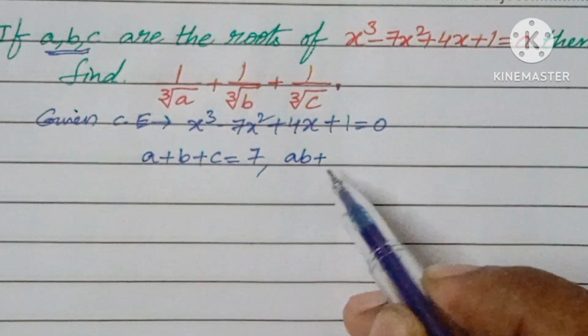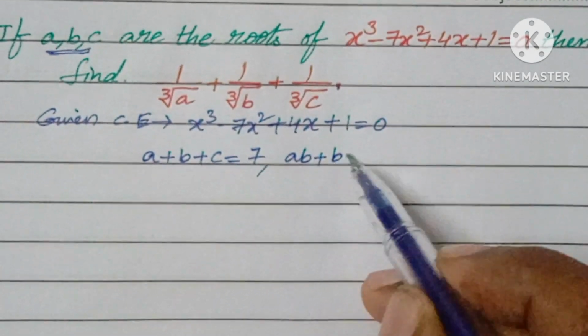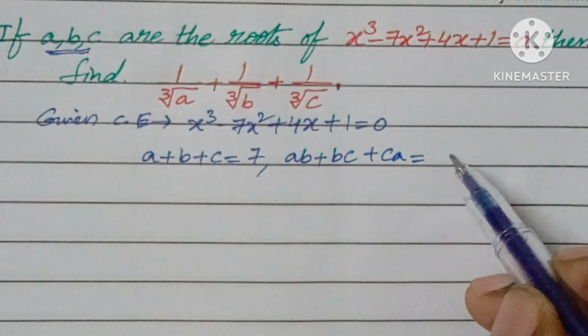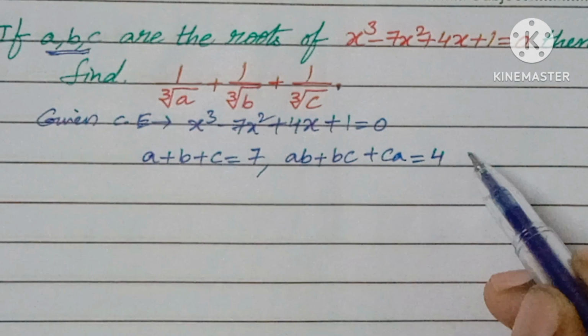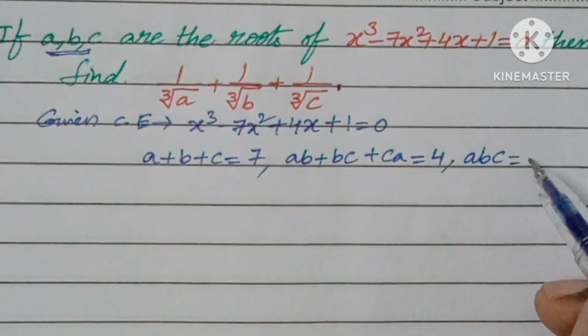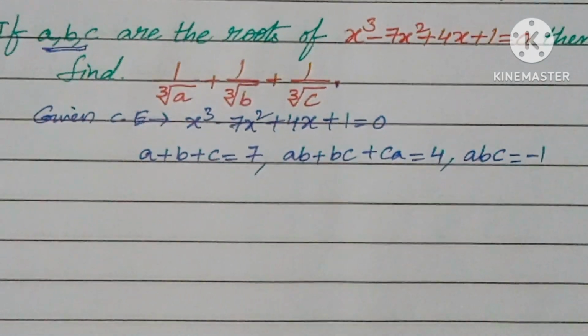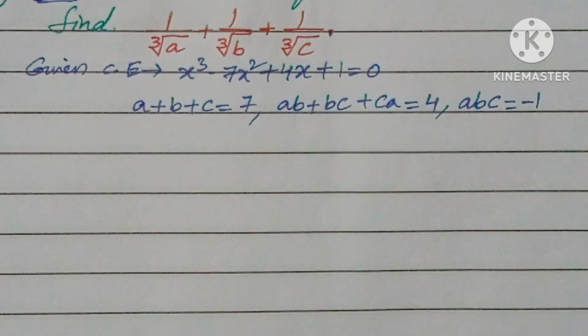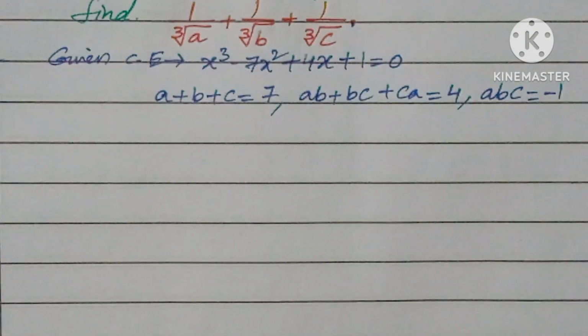Sum of the product of the roots taken 2 at a time, so here you'll get 4. Next, product of the roots ABC will be equal to minus 1. So this is the basic we should know while doing this problem.